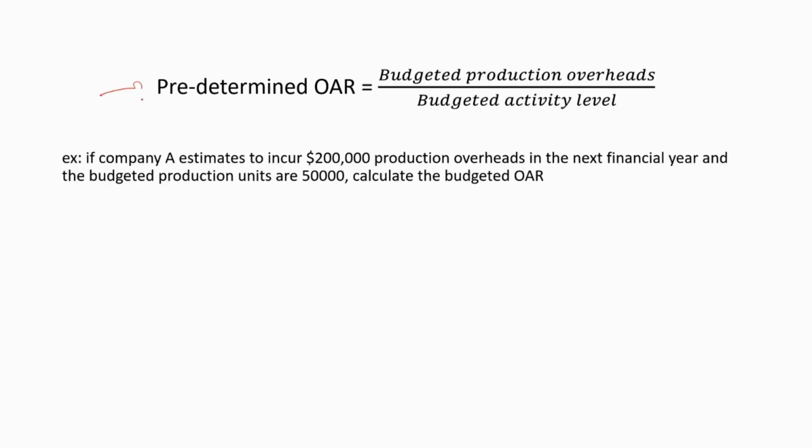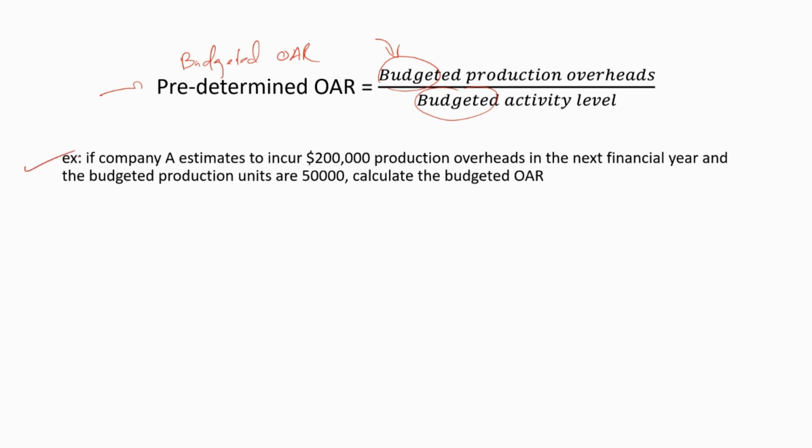This is the formula we can use to calculate the predetermined OAR or the budgeted OAR. It is the same formula as before, but here we use the budgeted production overheads and budgeted activity level. Earlier we used the actual production overheads and actual activity level, but under predetermined OAR, we use the budgeted values.